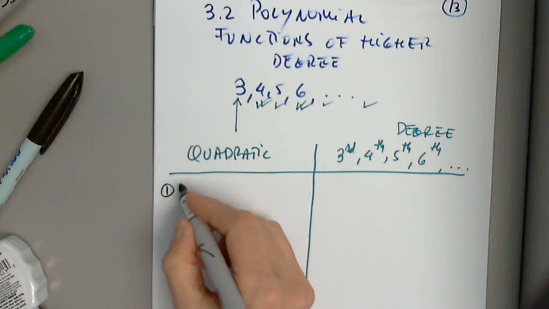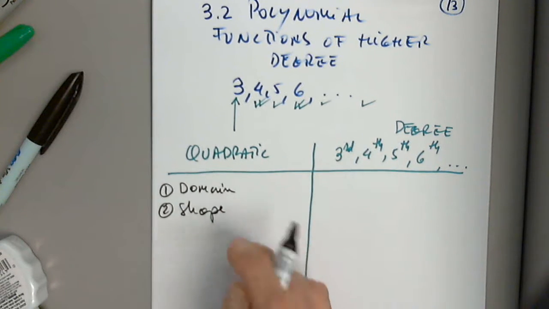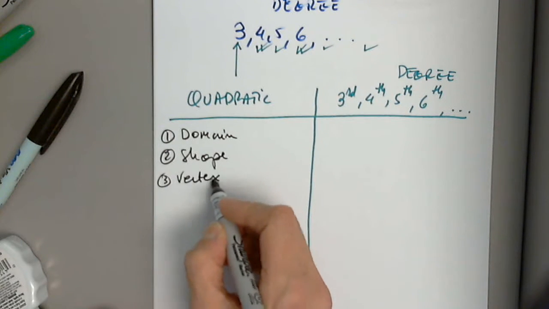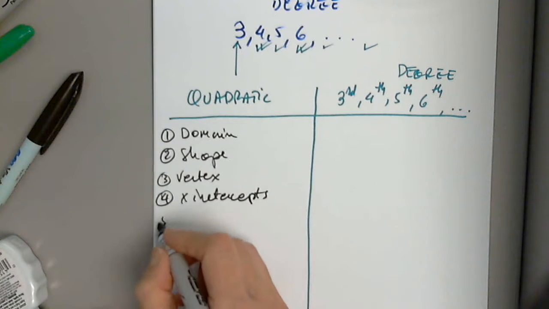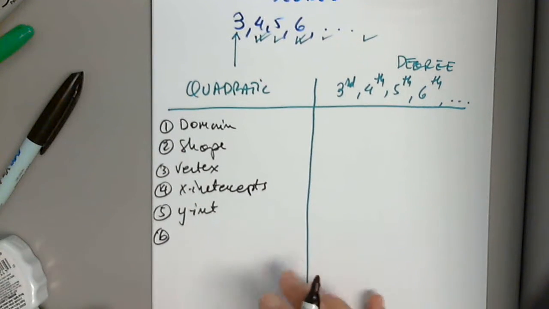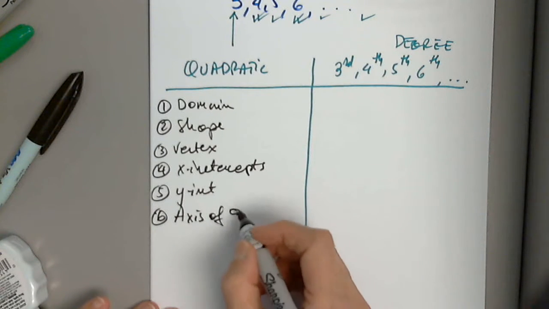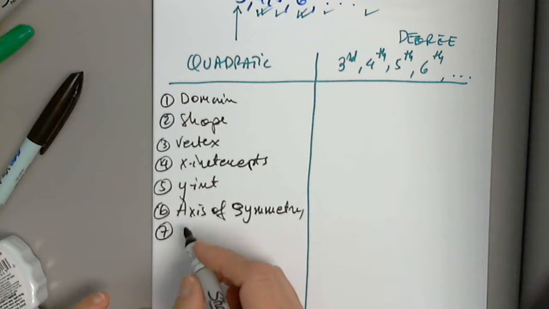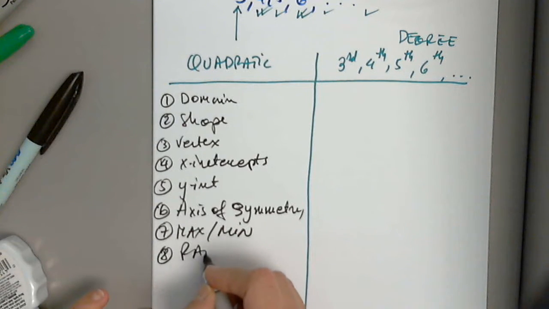So in the quadratic, we had domain, we had shape, we had vertex, we had x-intercept, of course, if they exist, y-intercept, we had axis of symmetry, we had max or min, and we had range.